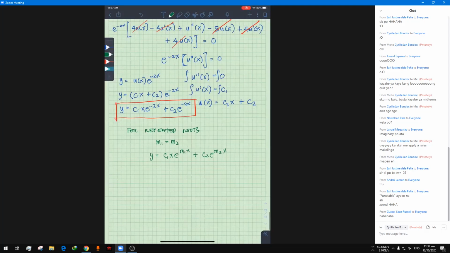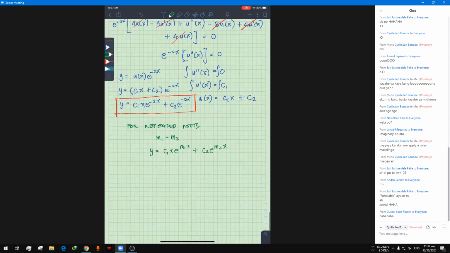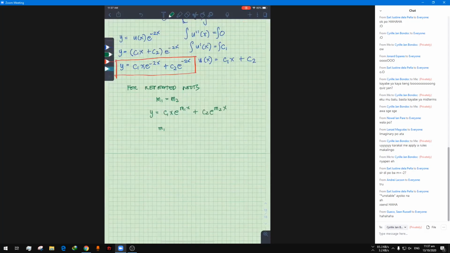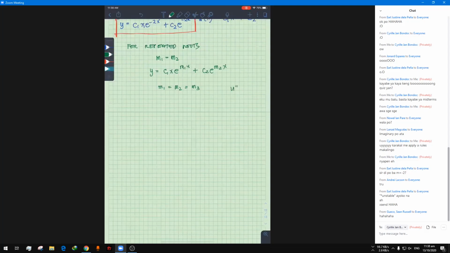Sir, paano kapag third derivative, higher order? Let's say tatlo pare-parehas. M1 is equals to M2 is equals to M3. Kapag ganyan yan, instead na u double prime yung makukuha mo, ang makukuha mo dyan, u triple prime of x is equals to 0.